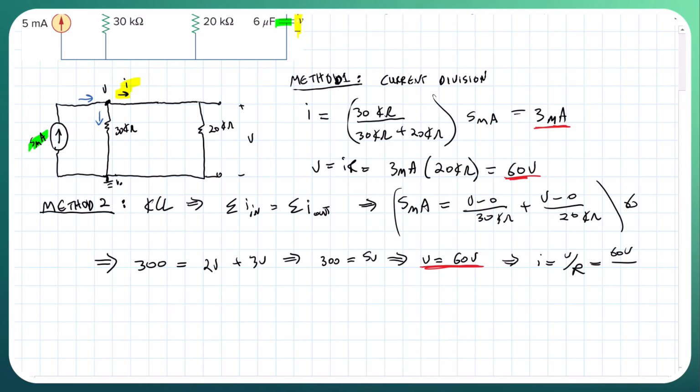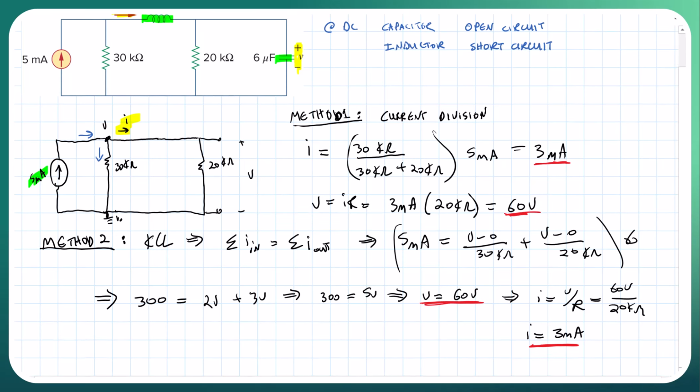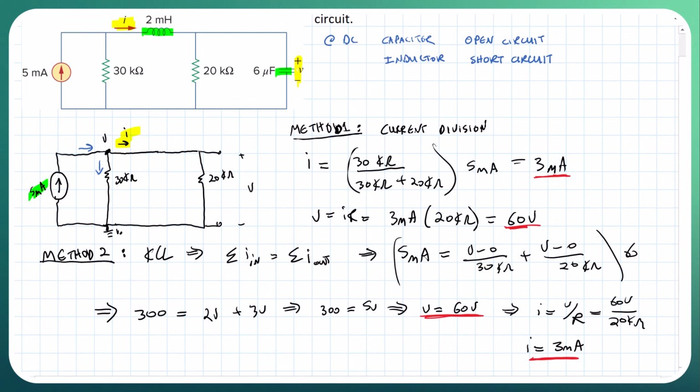R in this case again is going to be 20 kilo ohms, and so I is going to equal 3 milliamps. Alright, so these are two different ways of solving for both the current and the voltage for this circuit here, one using KCL at node V as I defined it here, the other using current division.